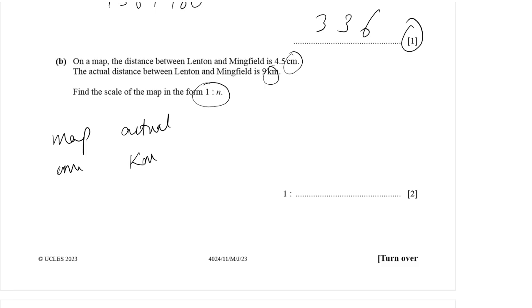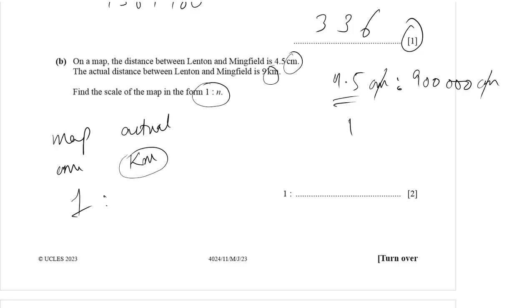So as they are giving us the hint that on this side it should be 1, so let's convert the kilometers into centimeters. So it would be something like this: 4.5 centimeter ratio 900,000, because in 1 kilometer there is 100,000 centimeters, 900,000 centimeters. So the problem of unit is solved, but now I have to make this thing equal to 1.